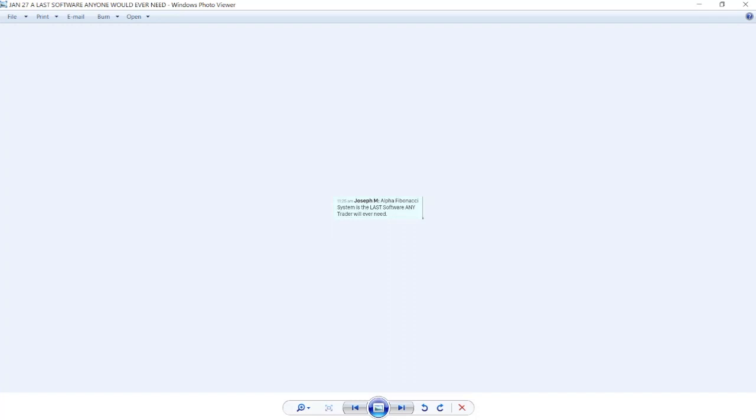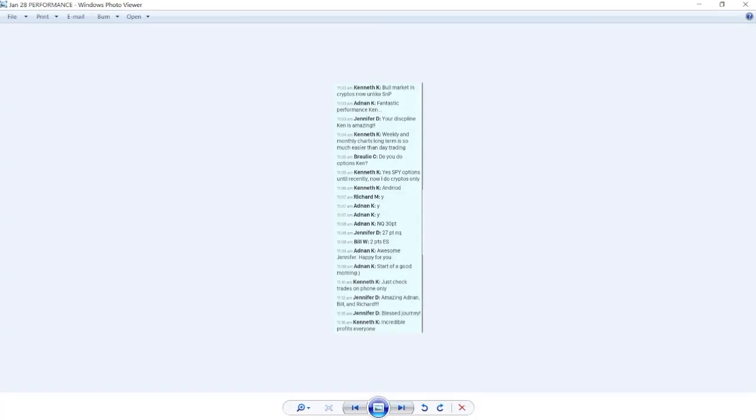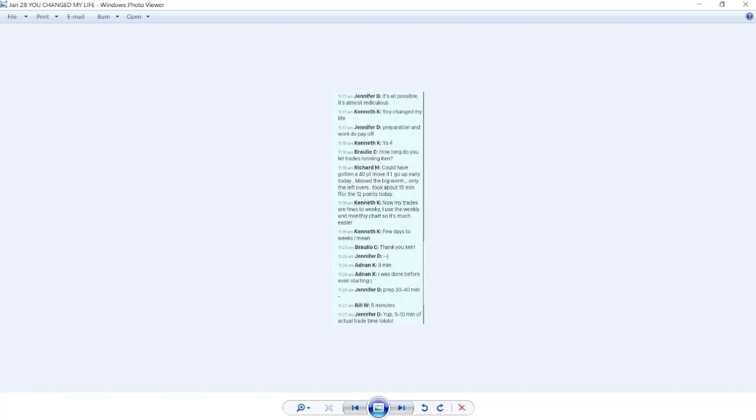Practice, effort, and focus. Do what Tom Brady does. It never gets old to see what is possible with the Alpha Fibonacci system. Simply stay between two lines. And when you do, as Jennifer says, it is all possible.